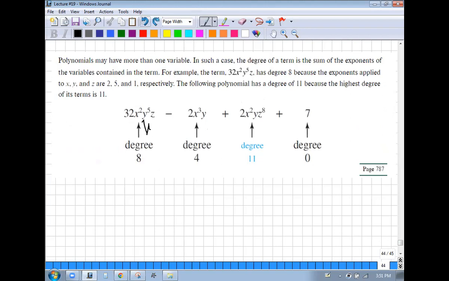So what order do you put it in? Usually you start with your x's and then your y's and your z's, but here this is random. Here they say the degree is you add up the exponents. So you have a 2, a 5, and a 1, which gives you a degree 8. Here you have a 3 and a 1, right? I'll put the ones in. You just add up all the exponents, and that's the degree for that term.